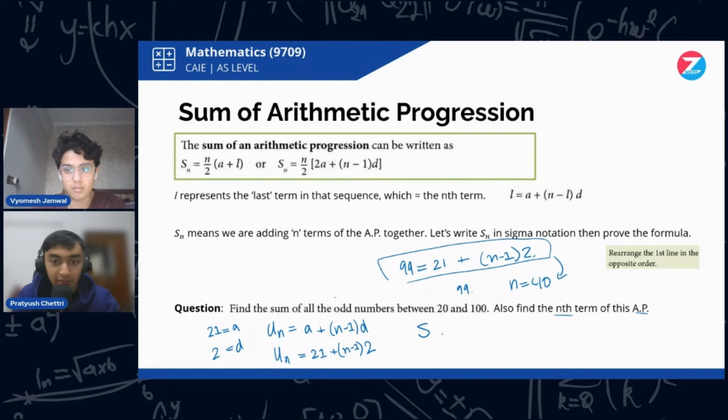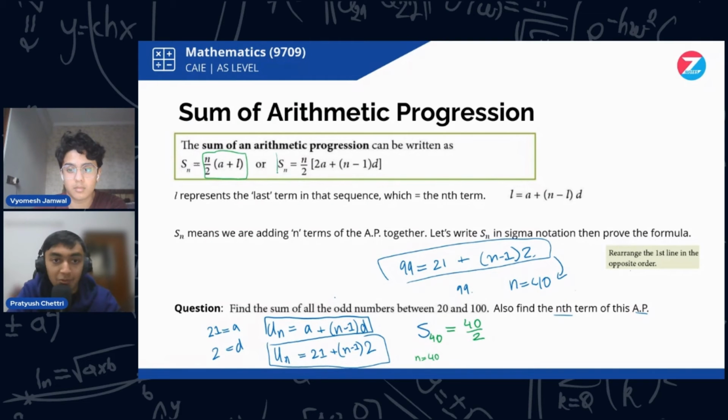Okay, n is 40. So I want to add up all the terms in this sequence, no, the bottom one. In this sequence, I want to add up terms going from 1 to 40. So it's a sum up to the 40th term. And now I'm going to use my equation. n is equal to 40. That's the last term. I'm going to do 40 divided by 2 here.